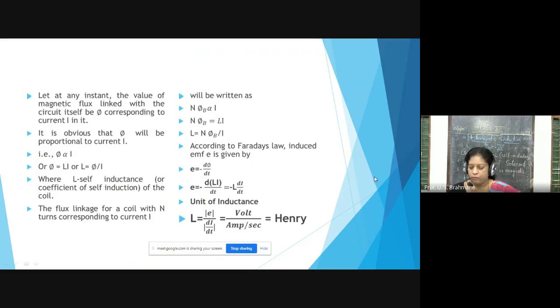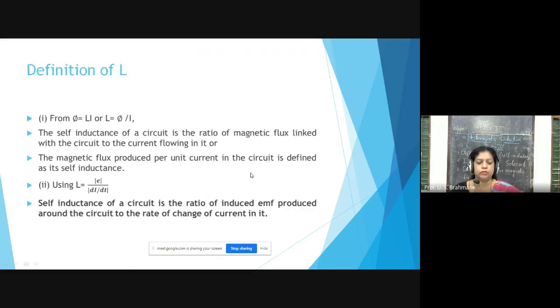This was what we had taken in the last lecture. Now in today's lecture, we'll see the definitions of L. There are 3 definitions of L. The first one is from phi equal to Li, or L is equal to phi upon I. The self-inductance of a circuit is the ratio of the magnetic flux linked with the circuit to the current flowing in it.